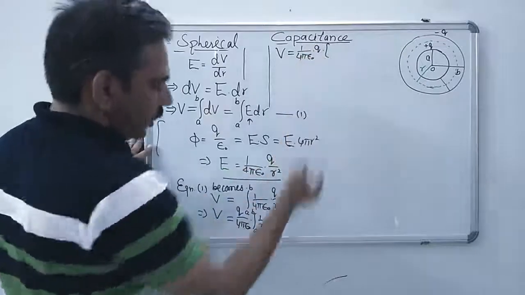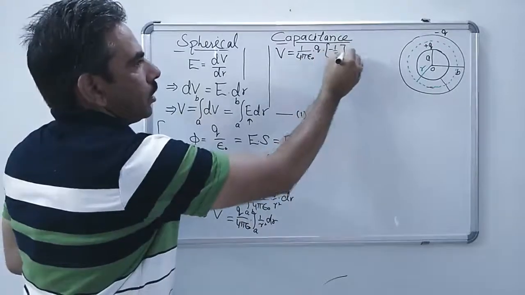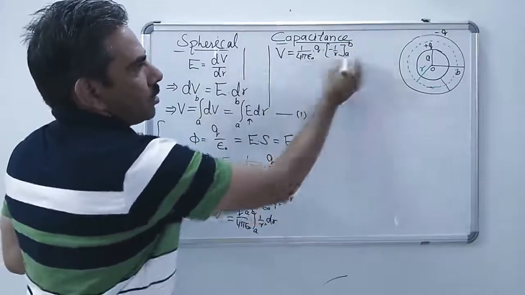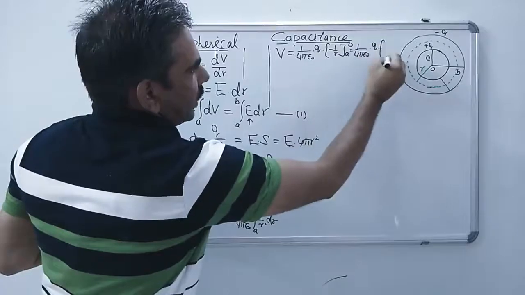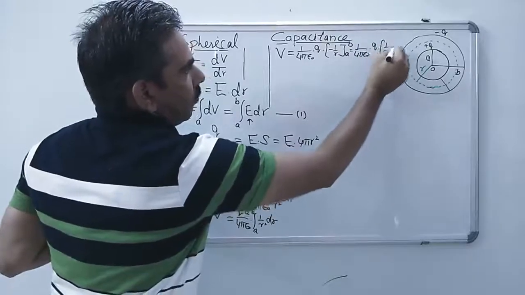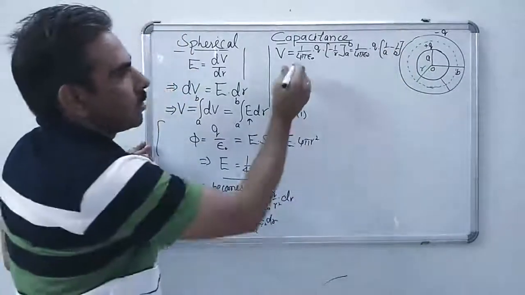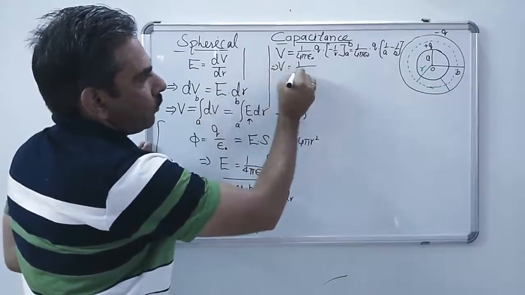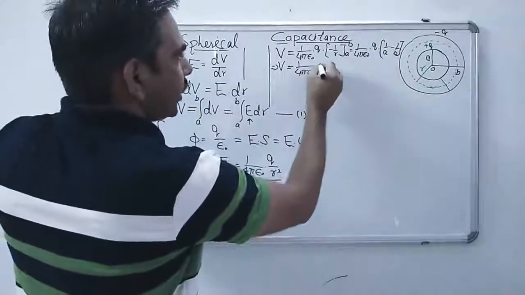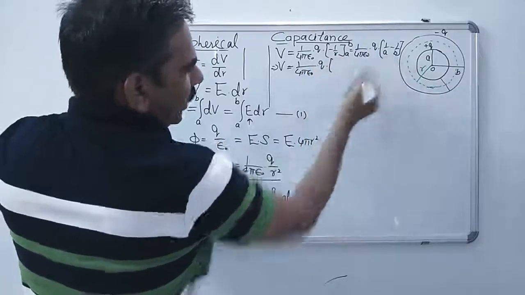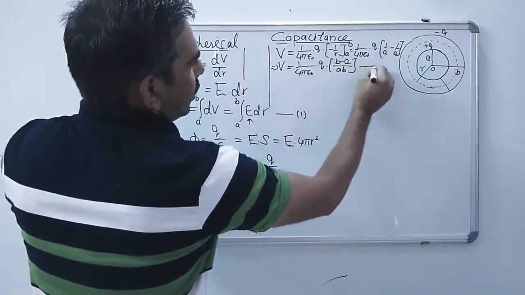Let us calculate the integration, which comes out to be minus 1 upon r, from A to B, and after substituting the values we get 1 upon 4 pi epsilon naught into Q into, inside bracket, 1 upon A minus 1 upon B. And if we further simplify this, we get V equal to 1 upon 4 pi epsilon naught into Q into, let us take the LCM, B minus A upon A into B. So this is the potential.